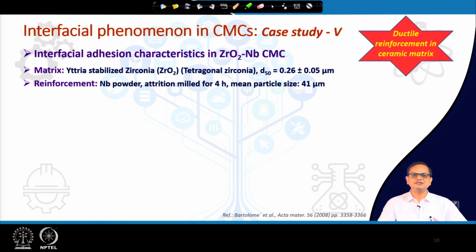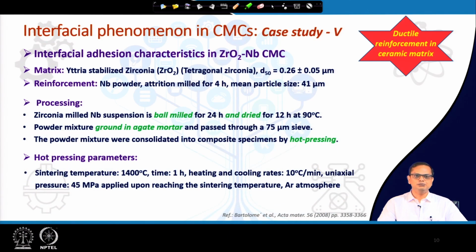YSZ has been used, that means yttria stabilized zirconia, which is tetragonal structure, and then niobium powder has been milled for 4 hours, and then those have been mixed together by ball milling.